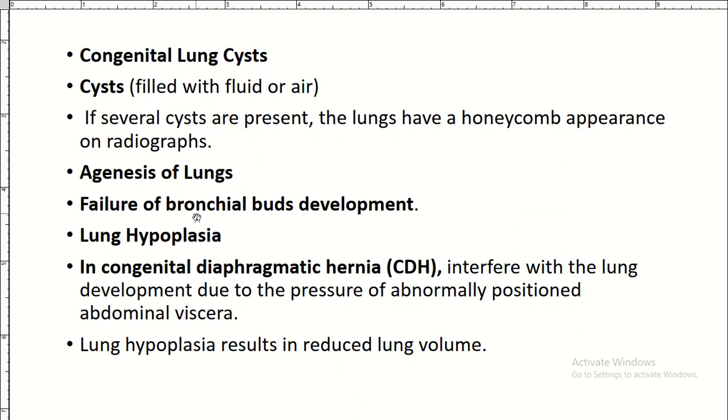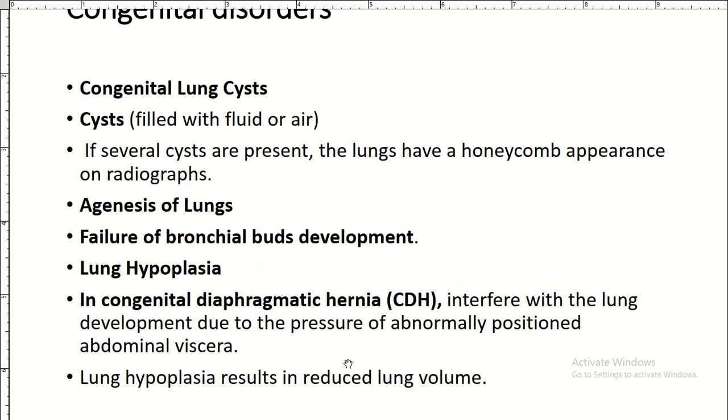You can have failure of bronchial bud development. You can have lung hypoplasia, especially in congenital diaphragmatic hernia, where there is interference with lung development due to pressure of the abdominal viscera. So there's lung hypoplasia, which is reduced lung volume.